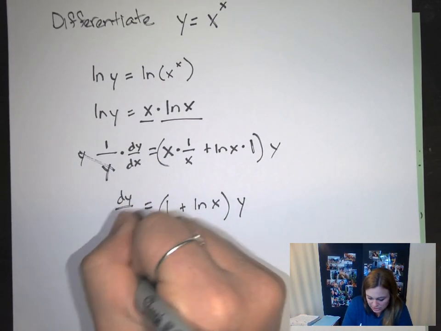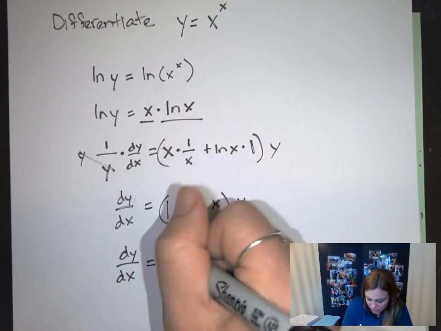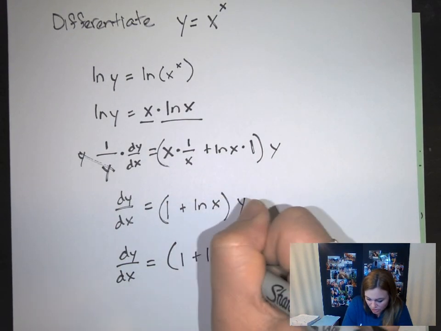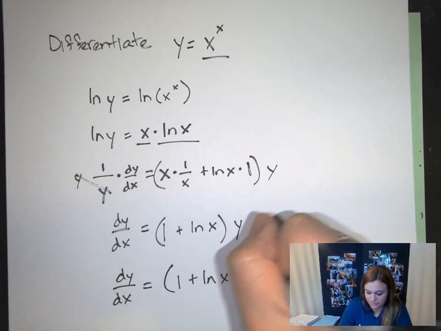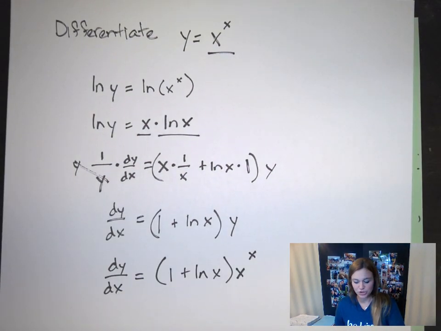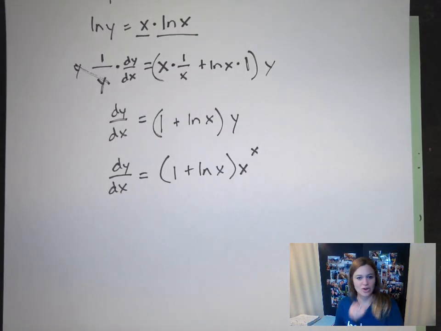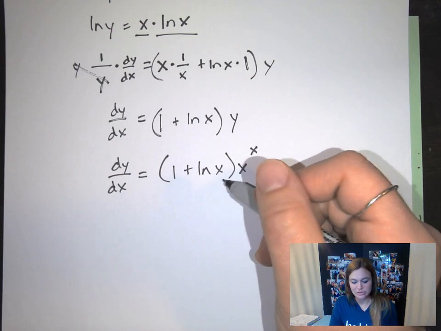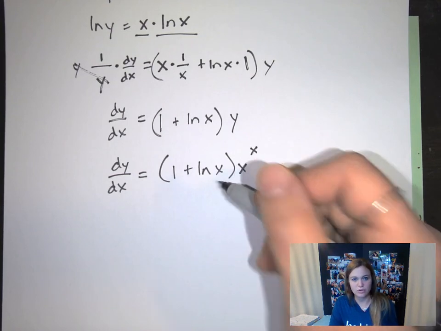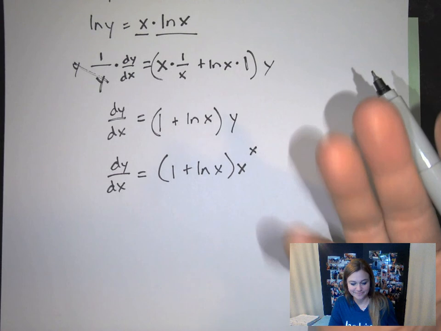Give me one more second. dy/dx would be y times 1 plus the natural log of x. But remember, y was just x to the x. Pretty tricky, right? And also awesome. So you can do this even if there was natural log of 5x or something else. You just have to remember to also include the chain rule and use that as needed.